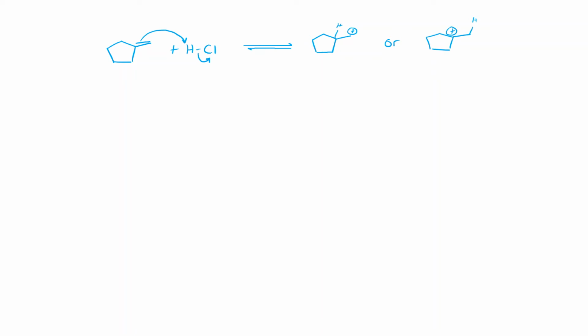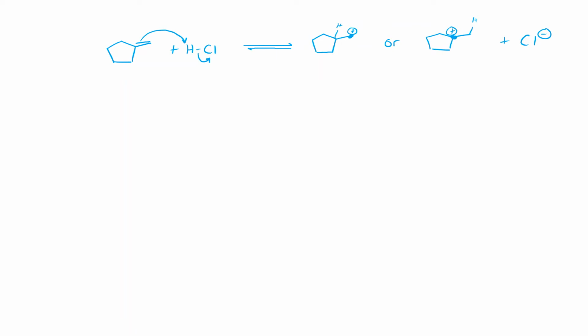And this is something that people wanted to know. When we run this reaction, do we get a mixture of these two carbocations? Because of course, you're also getting your conjugate base, Cl minus. And depending on which carbocation you generate, that Cl minus might be adding to this carbon, if that's the carbocation, or it might be adding to this carbon out here, if that's the carbocation.